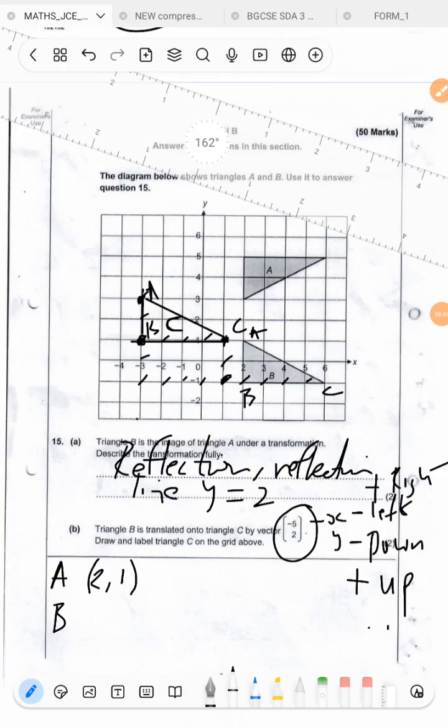Then B is 2, -1. Then C, the last point there, is going to be 6, -1. Remember always start with the x-axis.